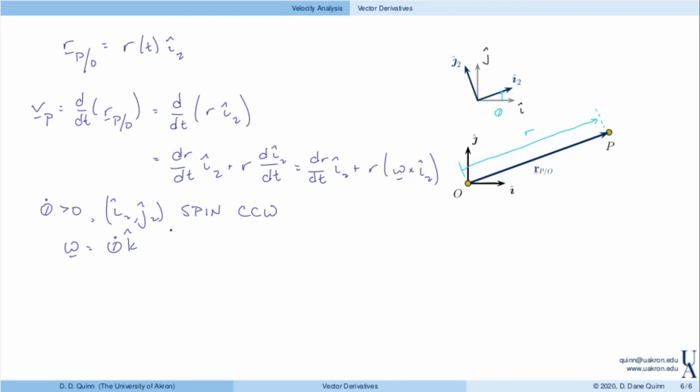So a counterclockwise spin is in the k direction, which comes out of the plane. Notice that if theta dot was negative, then omega would still be theta dot in the k direction, because theta dot would be negative, and that would be into the plane of the paper or the screen or whatever you're looking at.